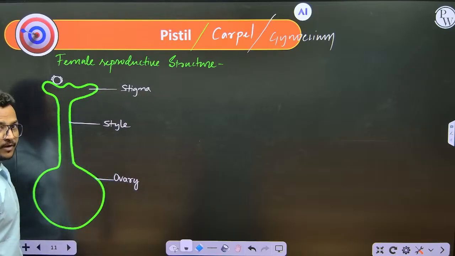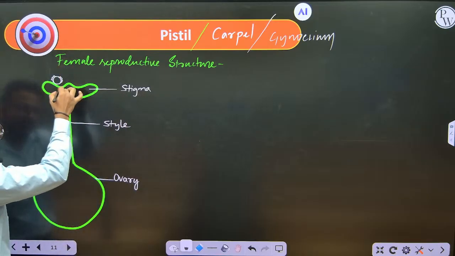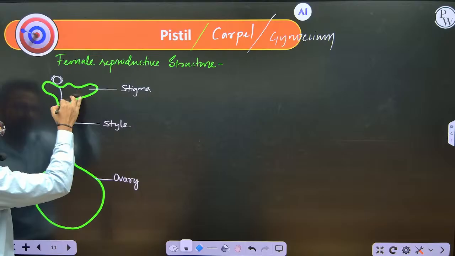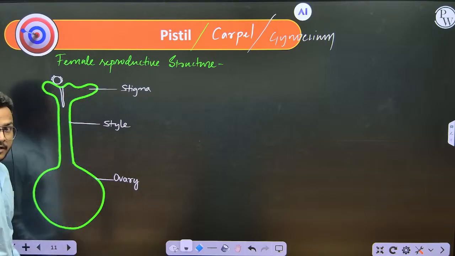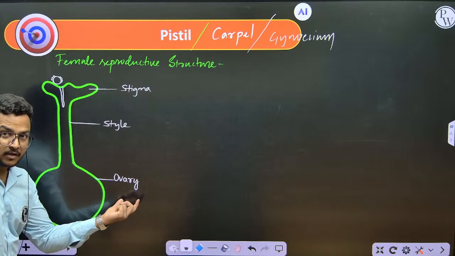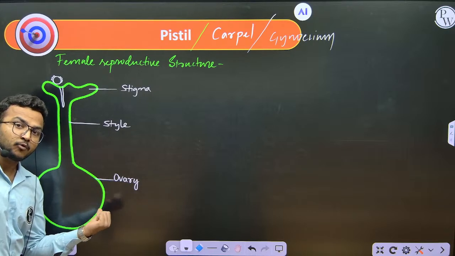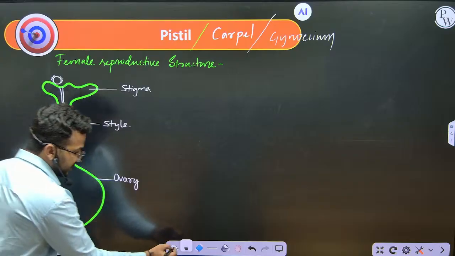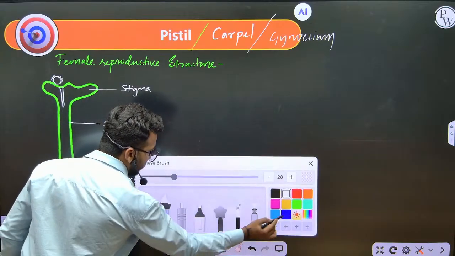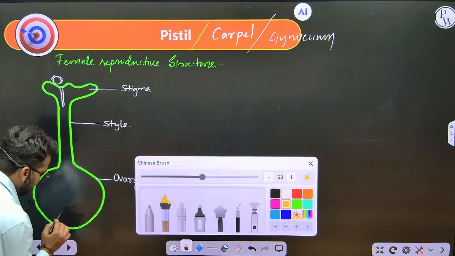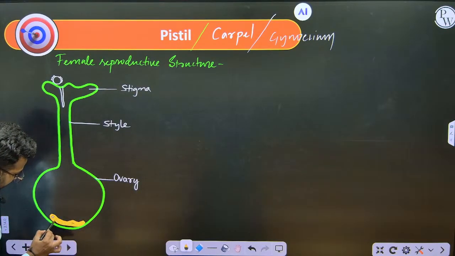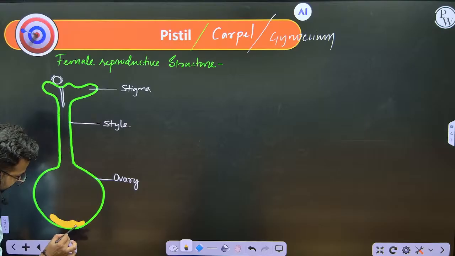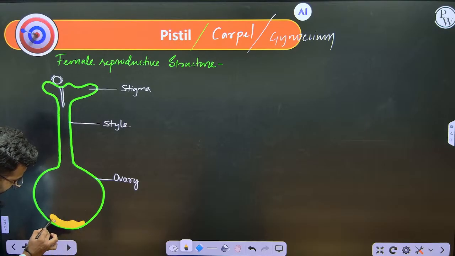Here stigma is there, that is where the landing happens, and through that the germination of the pollen tube takes place, through the style, and it reaches the ovary. So within the ovary, ovule will be there. Before that, it will be having a placenta. Placenta is the nourishment tissue to the developing ovule.